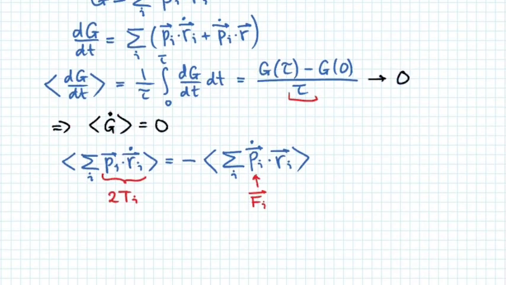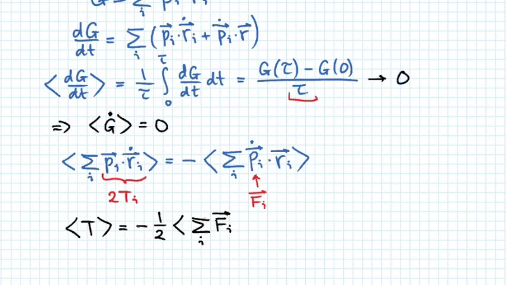Thus we continue to write that average of kinetic energy is given by minus 1 over 2 of an average of the following sum: force acting on each particle dotted with position of each particle. The quantity on the right is known as virial.